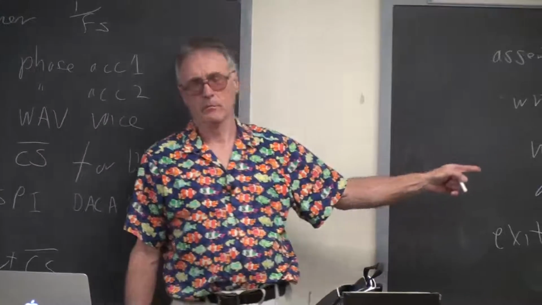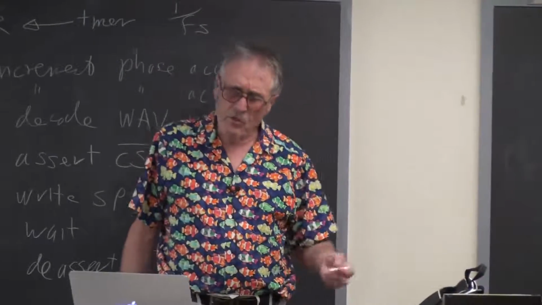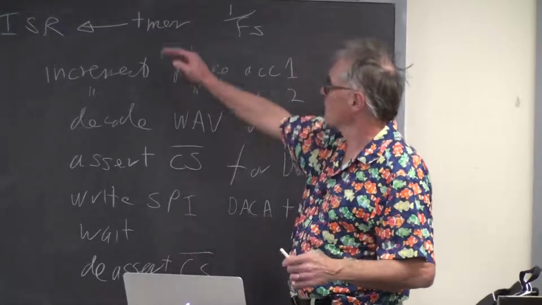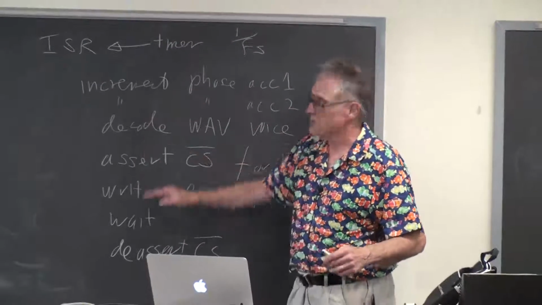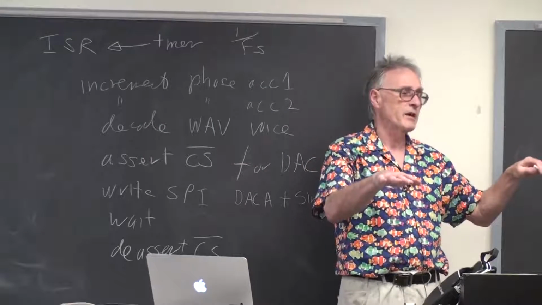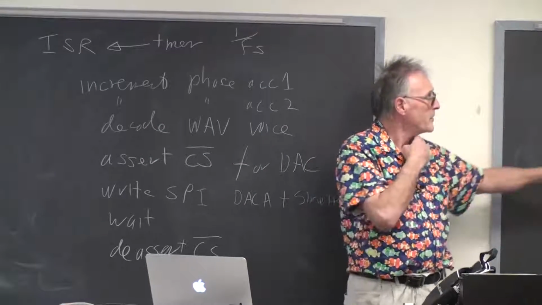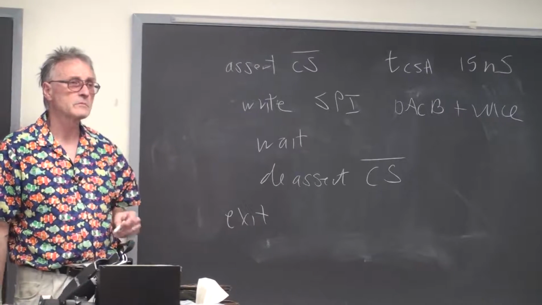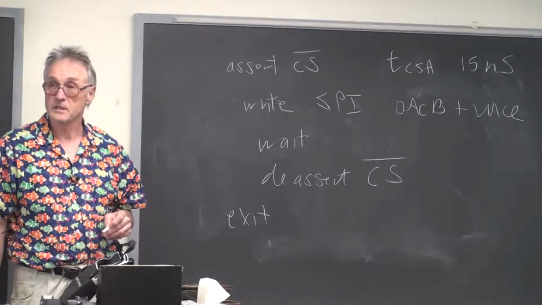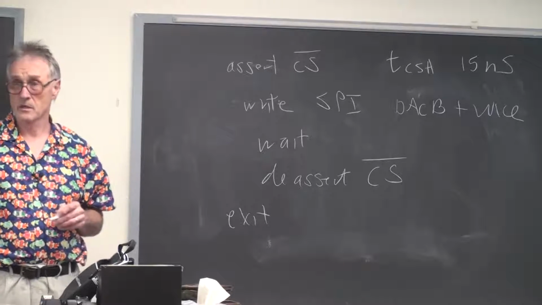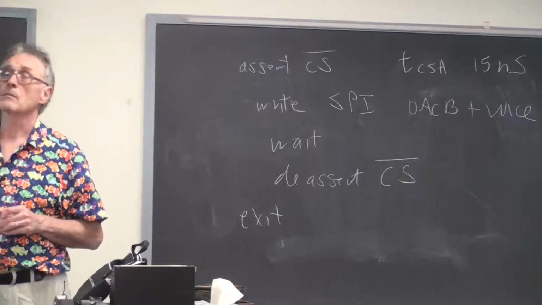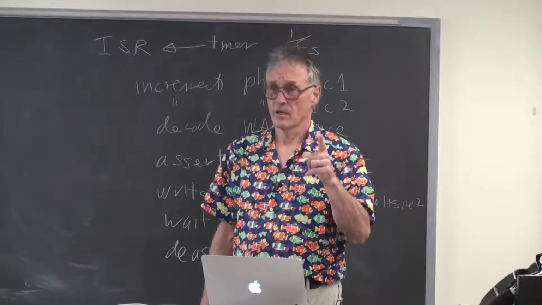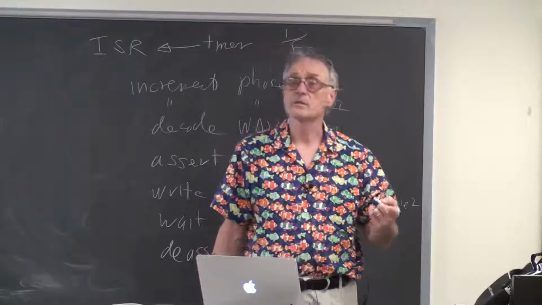One interrupt, much safer. Also, interrupts have a fair amount of overhead. I think it's probably going to take longer to get into the interrupt than it's going to take to do everything else in this interrupt except the wait. How long is the wait going to take? 16 cycles at the SPI frequency, whatever that is.